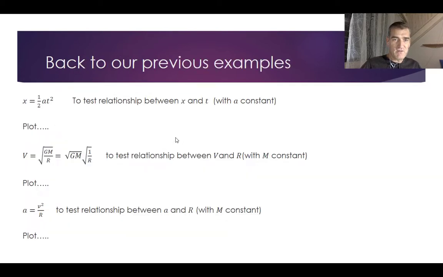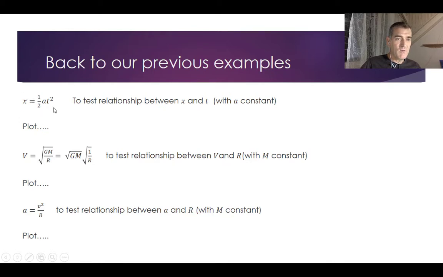So that's another example. I'm going to go back to this now and say, okay, if we're testing the relationship between x and t with a constant, it's important to realize that a is constant, because if we were changing a, we'd have a different problem. But if we're keeping a constant, like dropping a ball, then we plot on our y-axis x, which is the displacement.